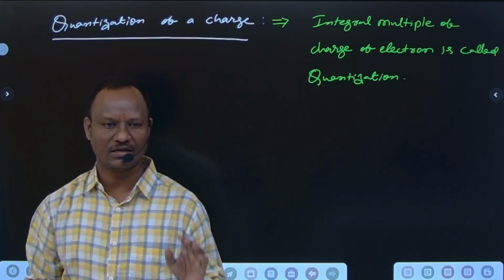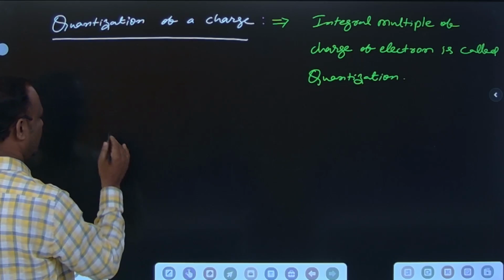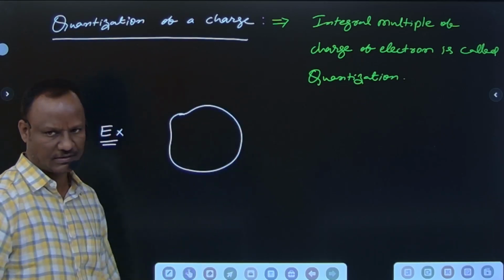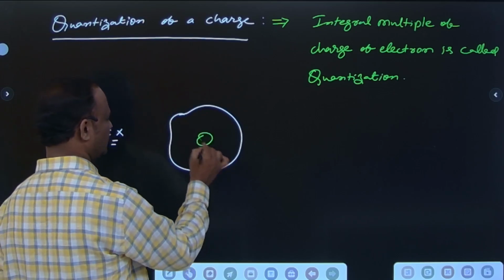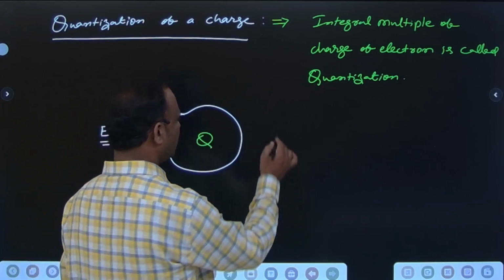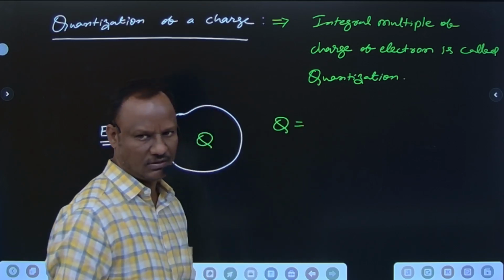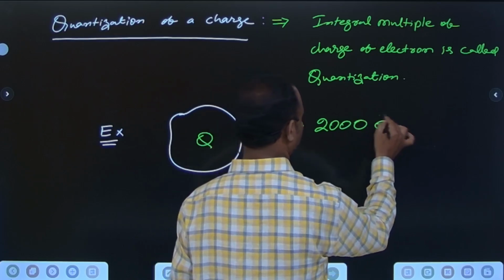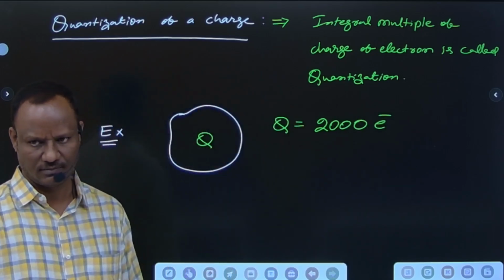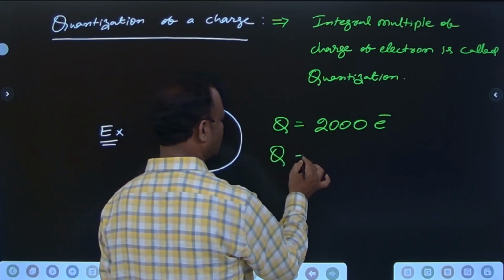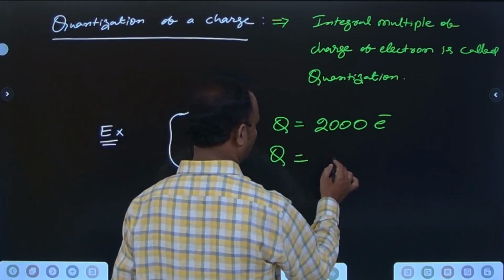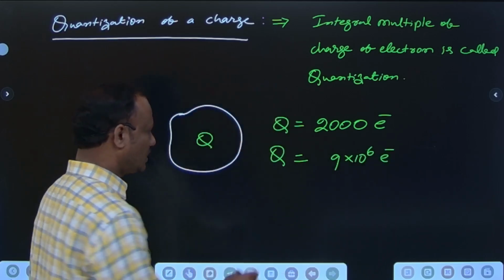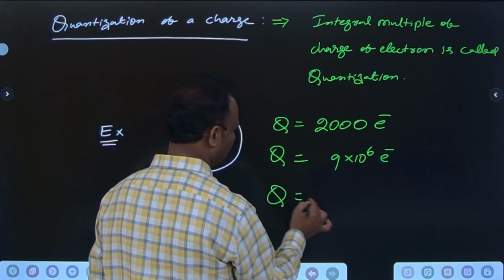What do you mean by integral multiple of charge of electron? I am giving an example. A body is taken. Its charge is Q, for example. Q is equal to, say, 2000 electrons, or 9 into 10 to the power of 6 electrons.